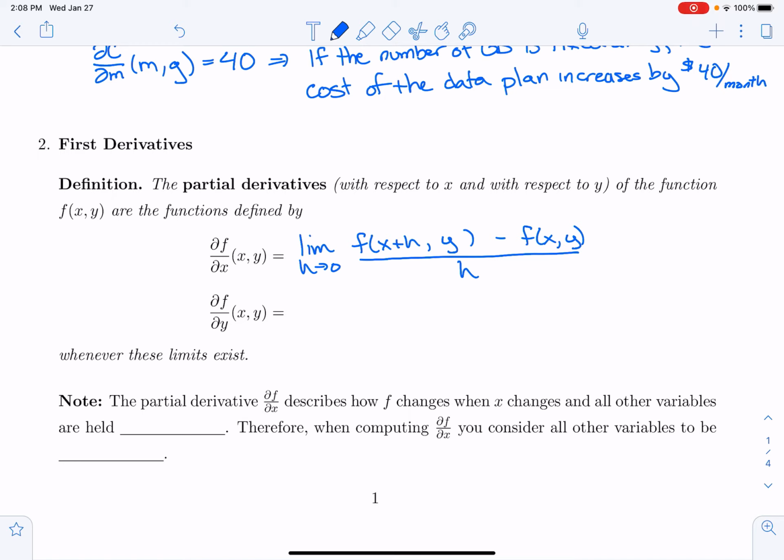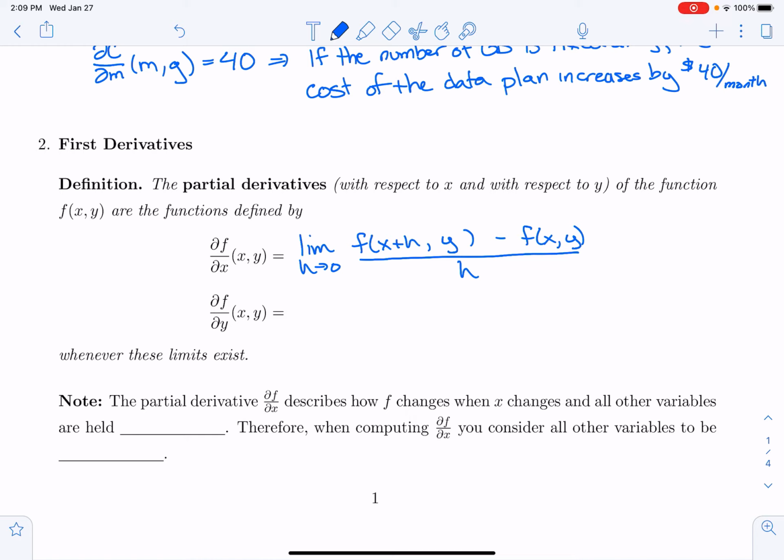So what I'm really doing is looking at this difference quotient where I'm changing x by a little bit, and I'm trying to find the rate of change when I just change x a little bit and leave y alone. And the limit takes that from being an average rate of change over the interval from x to x plus h, to being an instantaneous rate of change.